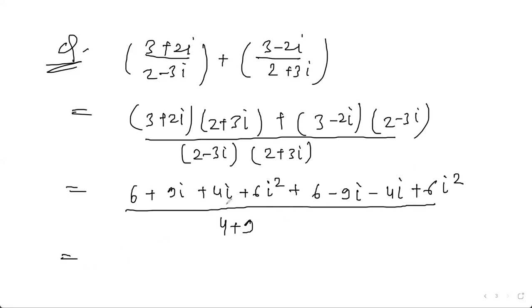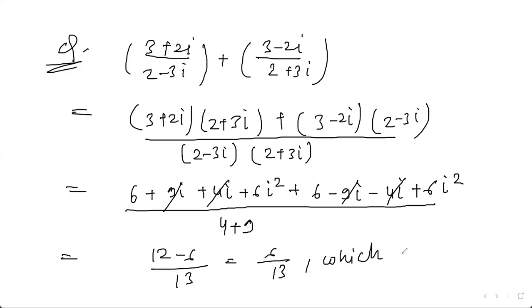Here we can cancel out 4i and minus 4i, and we can also cancel out 9i and minus 9i. So we are left with 12 plus 12i squared. Since i squared is minus 1, we write 12 minus 12 over 13... so this becomes 6 by 13, which is purely real.